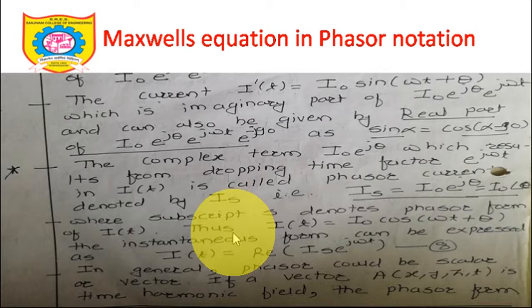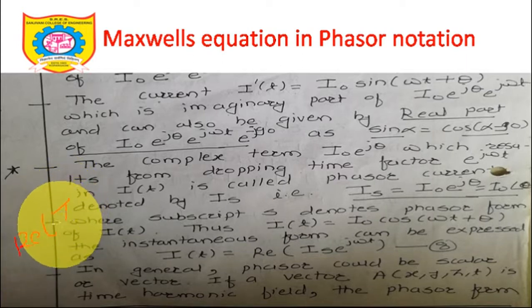Now let's see. i(t) is equal to I0 cos(omega t plus theta). This expression, which you have represented as the real part of I0 e raised to j theta into e raised to j omega t.